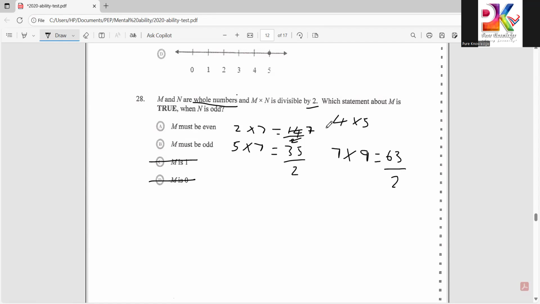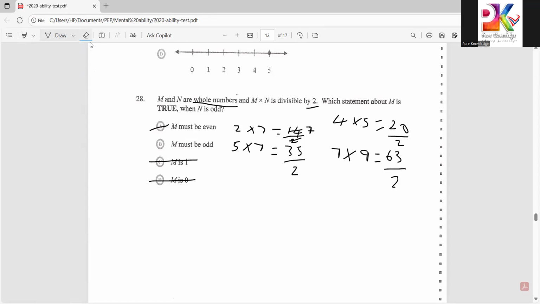So when M is even, we use 4 times 5, which is 20, and 20 can be divided by 2. So the answer here would be A. M must be even.